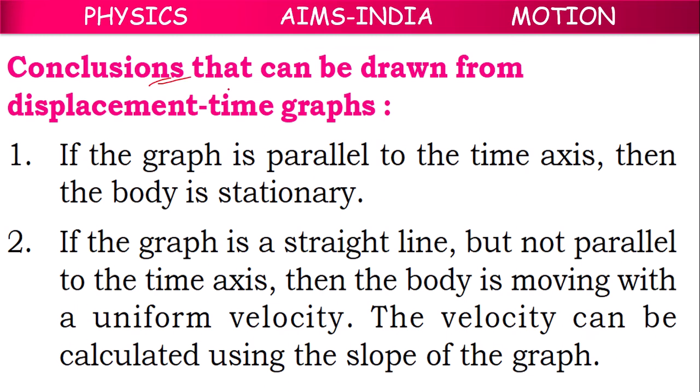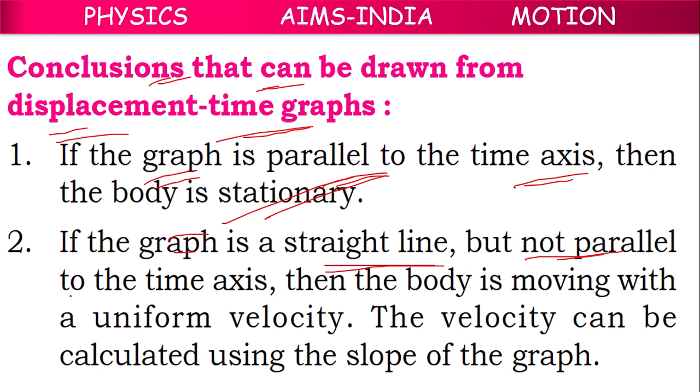Next, conclusions that can be drawn from displacement time graphs. If the graph is parallel to the time axis, then the body is stationary. If the graph is a straight line but not parallel to the time axis, then the body is moving with uniform velocity.